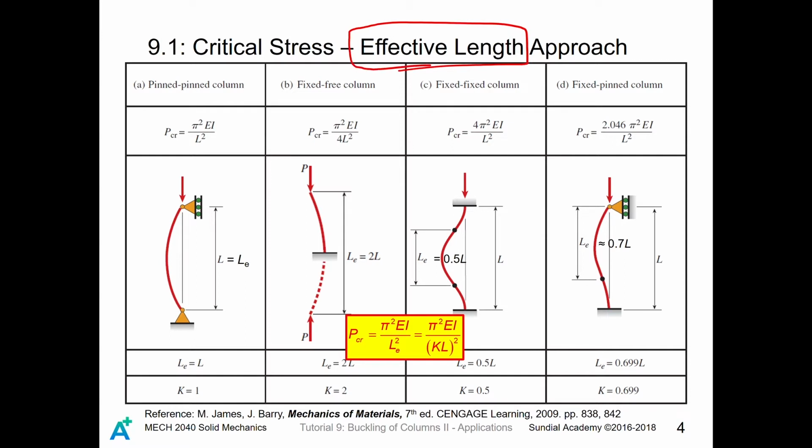Effective length of different support types asks: for each support type, what is the length of the bowl shape like this? For the simply supported beam, the pinned column, it is a bowl shape. How long is the bowl shape of the deflection curve relative to the real length? That is the concept of effective length.